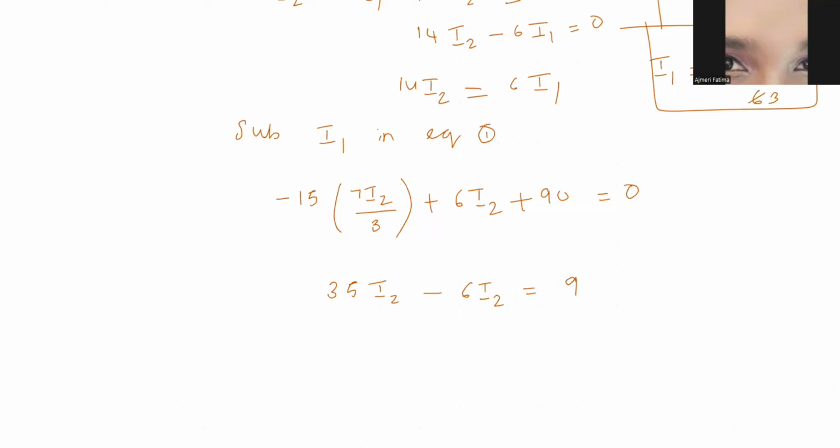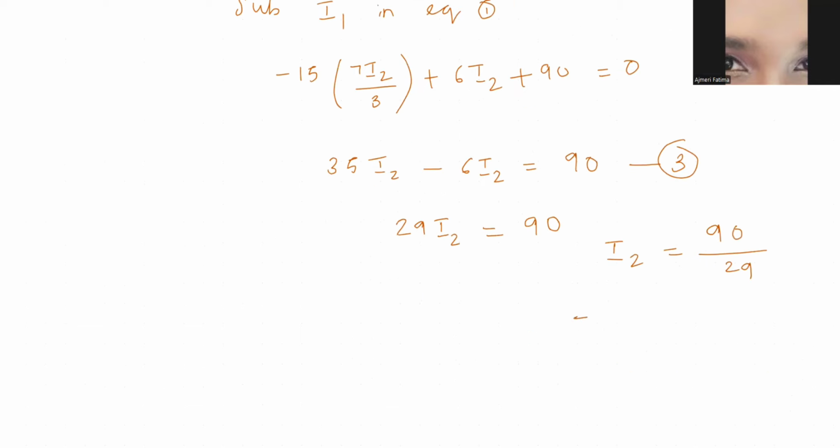Alright, now 35 I2 minus 6 I2 is how much? It's 29 I2 is equal to 90. So I2 will be equal to 90 by 29. So that would give you the value of I2. So the value of I2 is, I think it's 3.10 ampere. From here, you got I2.